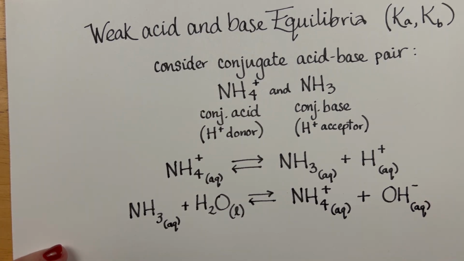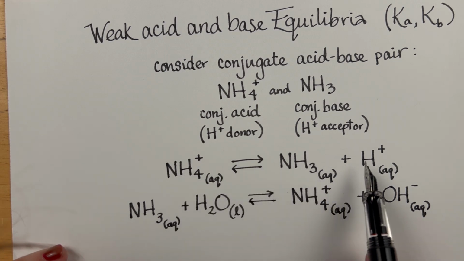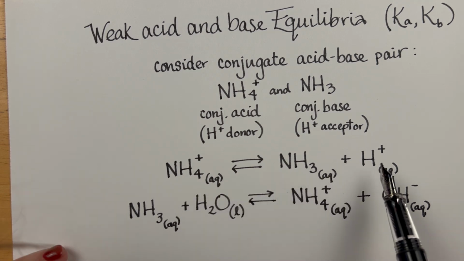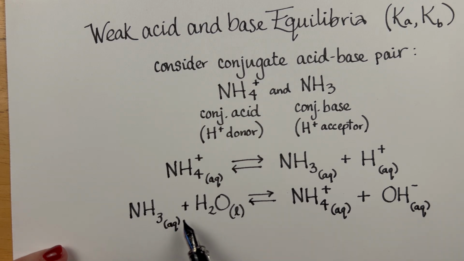Okay. So here we have the acid dissociation equilibrium for the conjugate acid, ammonium. And we're also showing the base equilibrium that occurs with ammonia.